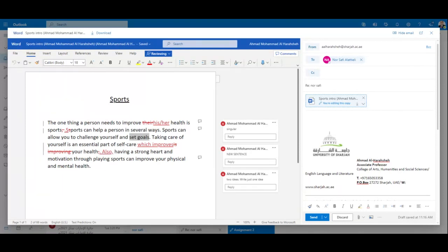And how sports, this is a very general statement, by the way. Setting goals. What do you mean by goals? Which goals? We don't understand. How can sport help me to set a goal? A goal for what? Right?